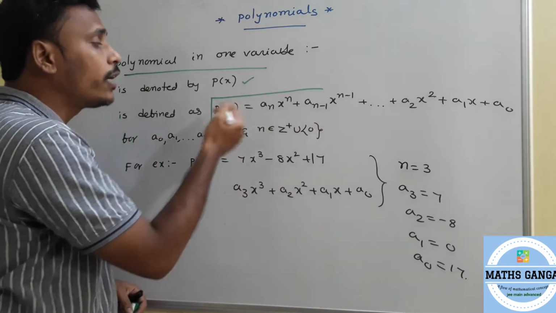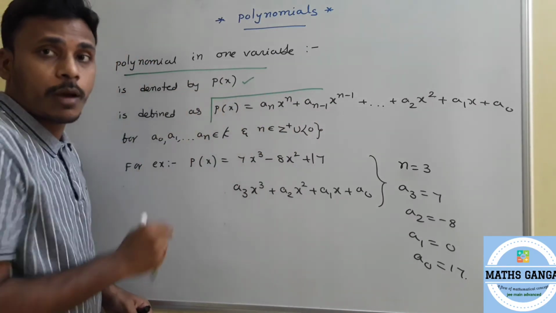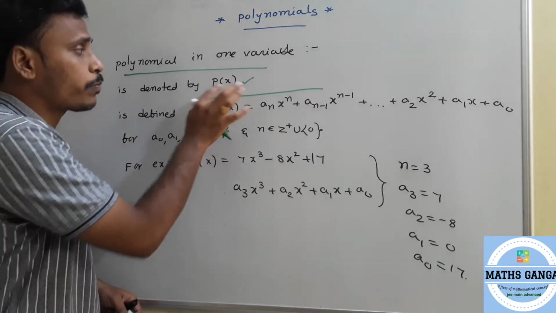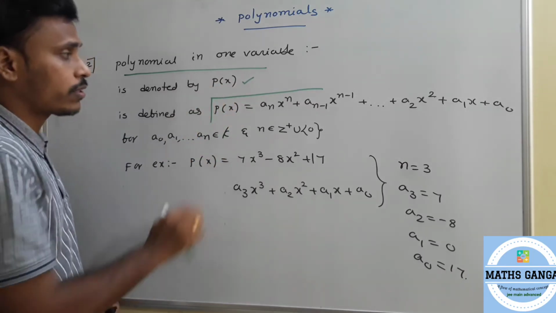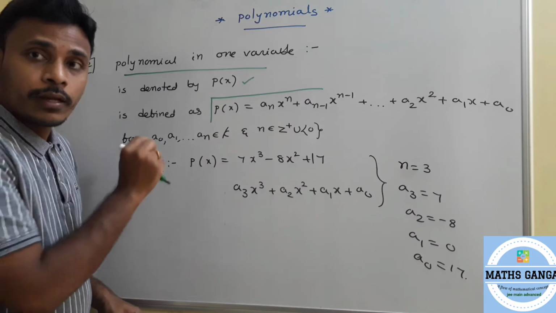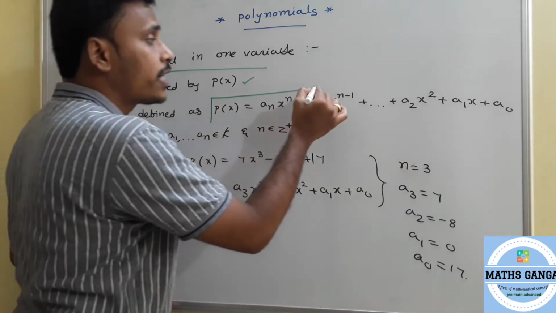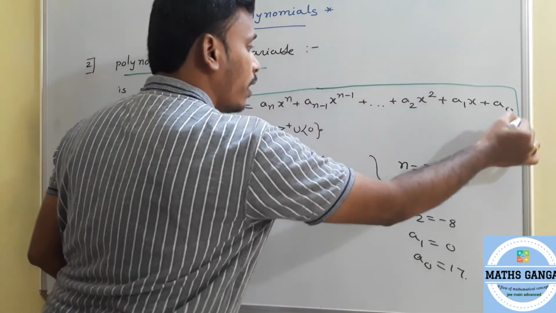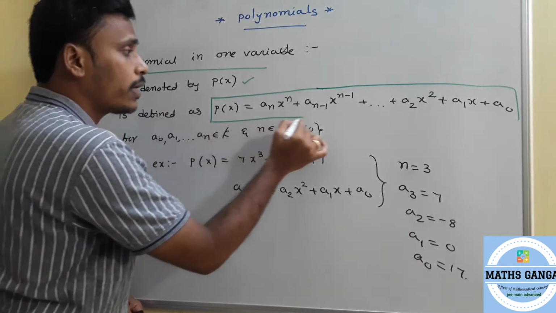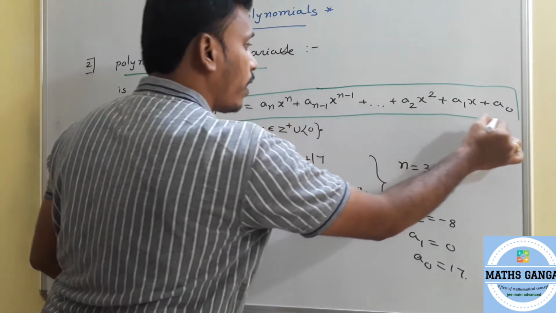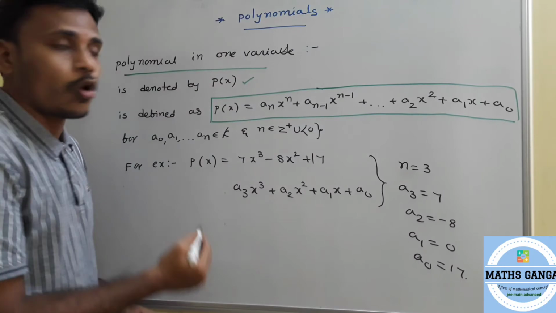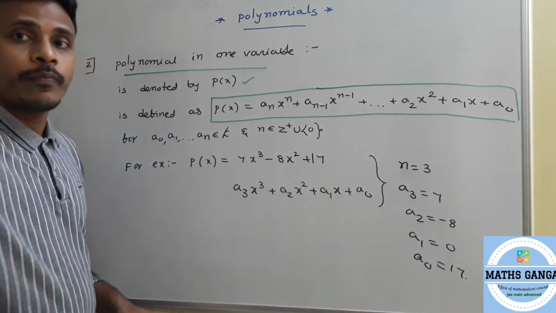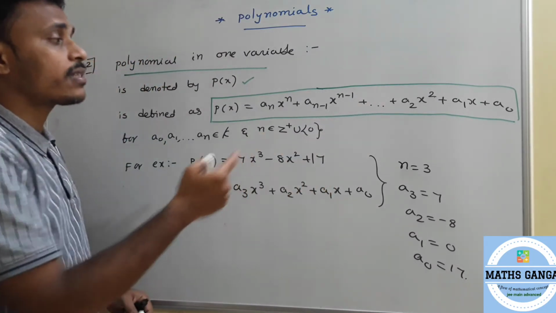If it is in terms of two variables, we say p of x comma y. But at present this is a polynomial in one variable, p of x, and its general form is given by a n x power n plus a n minus 1 x power n minus 1 plus and so on, a2 x square plus a1 x plus a0.